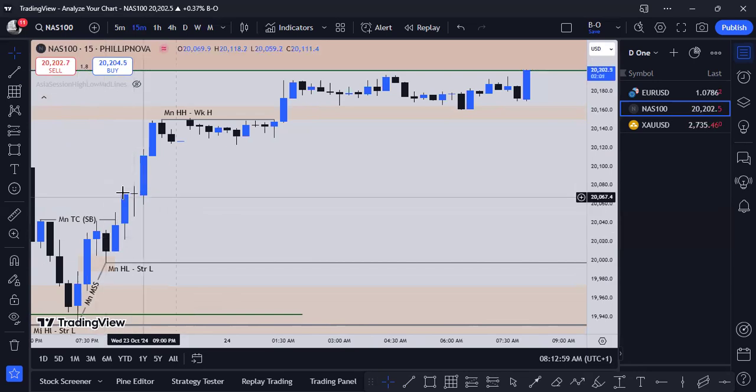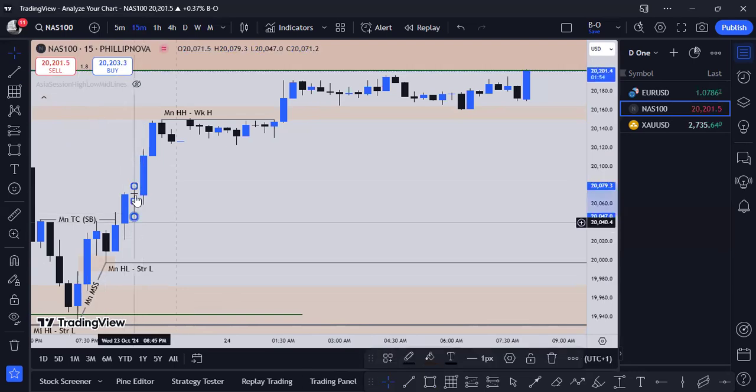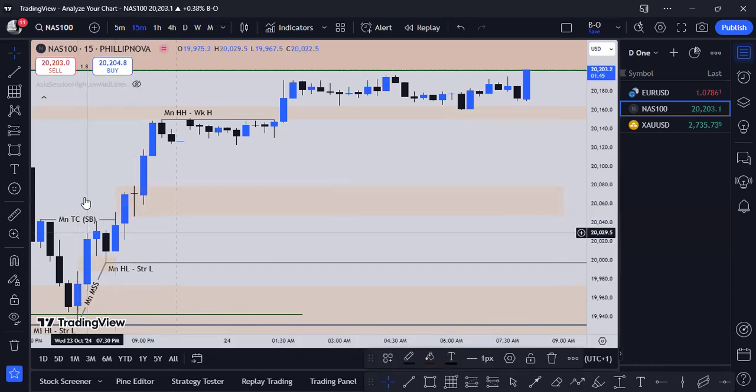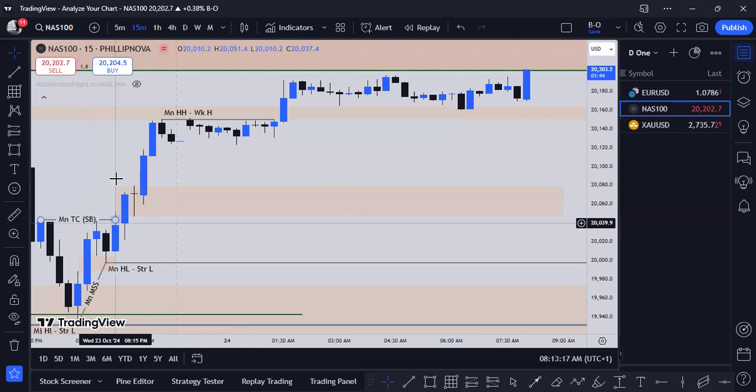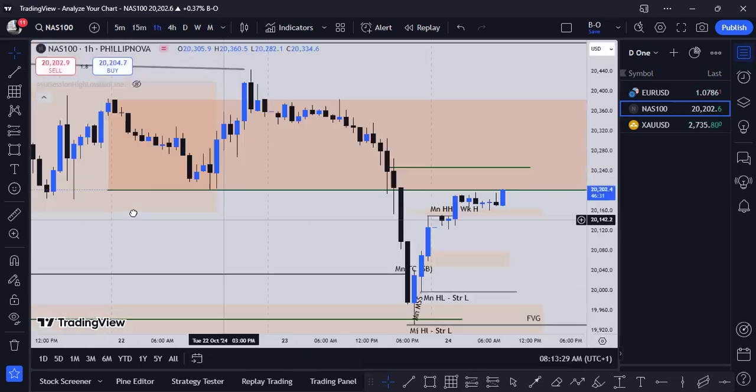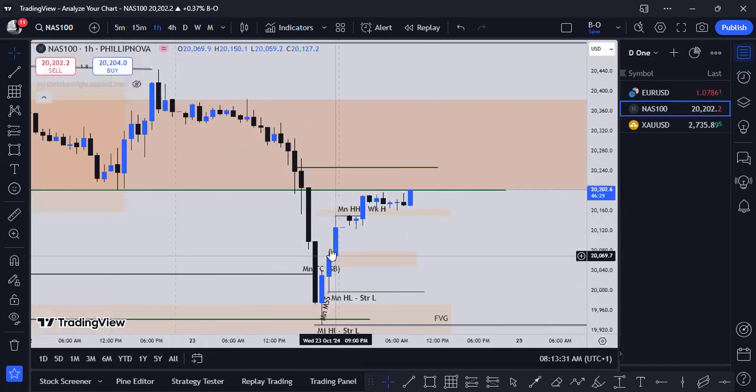And above the internal structure, we have this pin bar, which we can assume can be a future reference for price, because we have a level here that aligns with this. There's a proper mitigation here and it doesn't give us any imbalance. So above the pin bar, we have an imbalance here. We can study that on 1 hour and see what we have there. So we can see the pin bar align with an internal structure here.